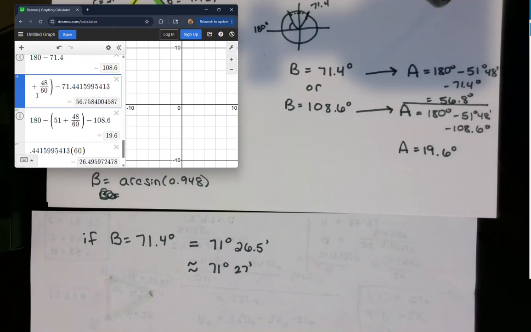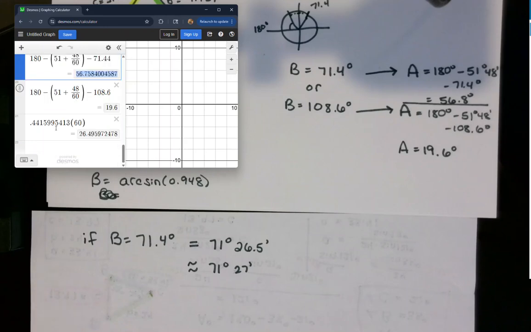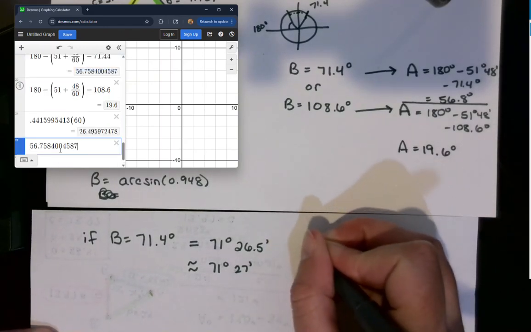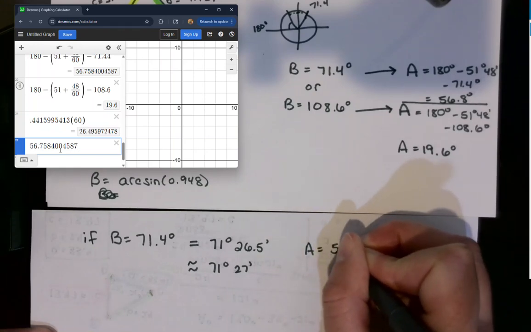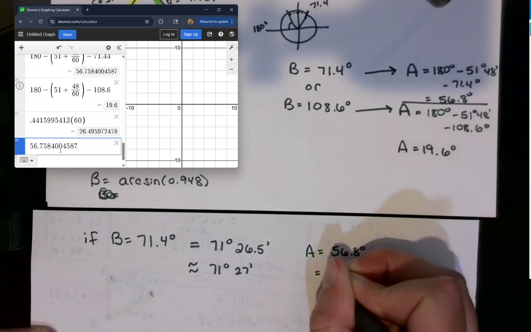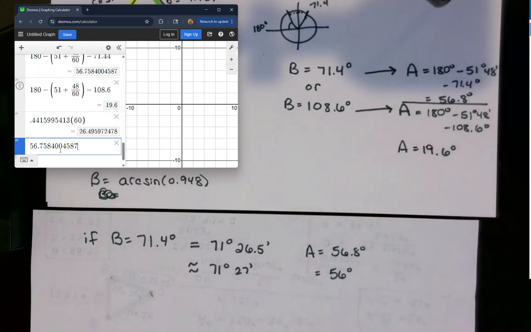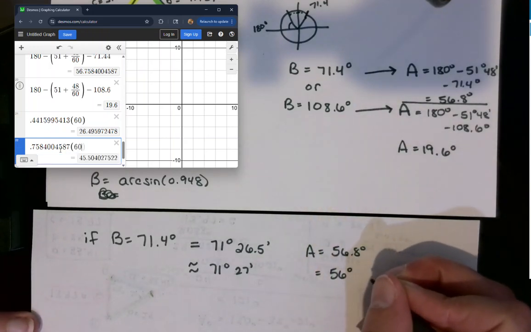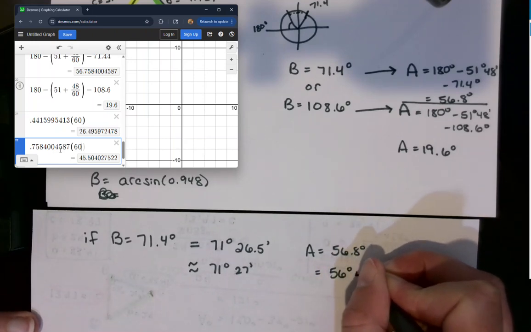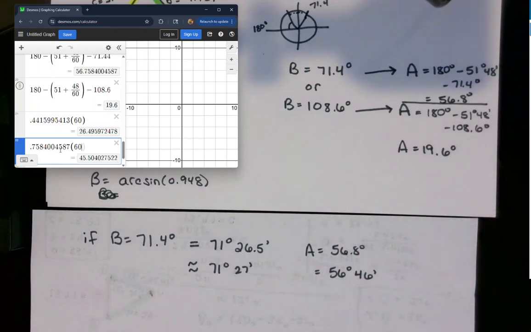Our corresponding value for angle A came out as 56.8 degrees, which is 56 degrees, subtract off the 56, and multiply by 60, and that's about 46 minutes. Okay.